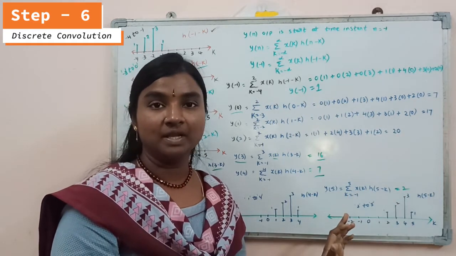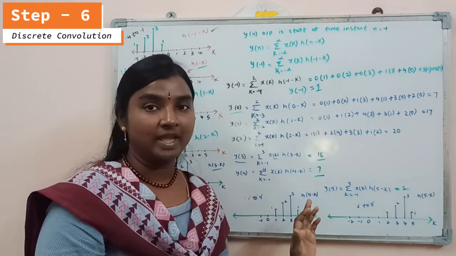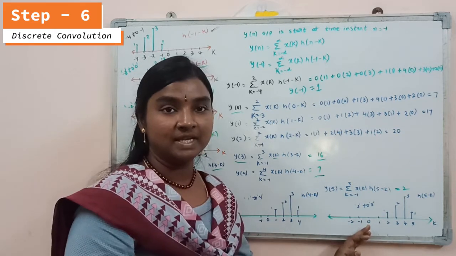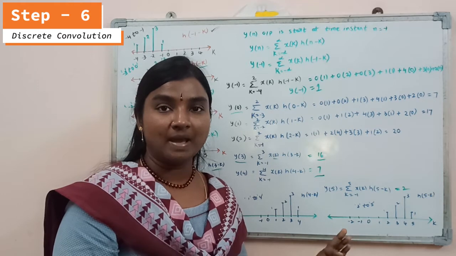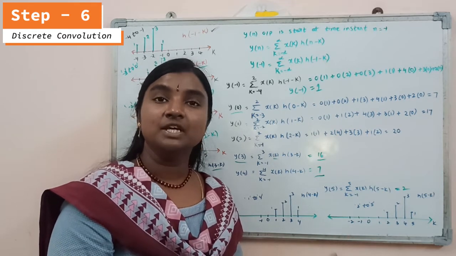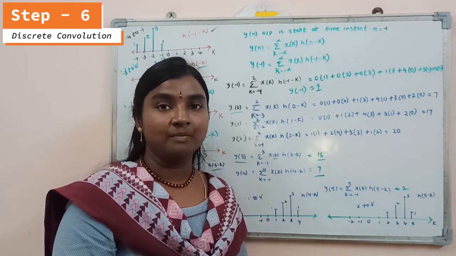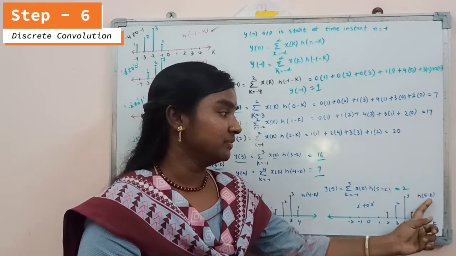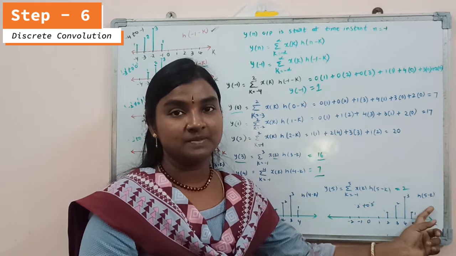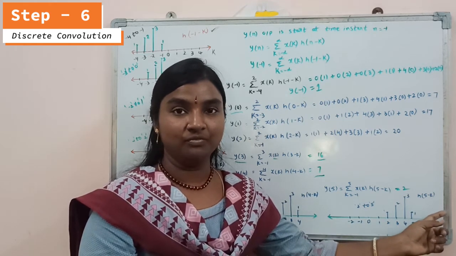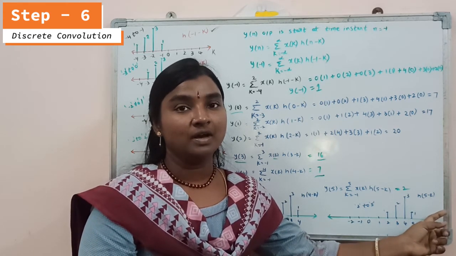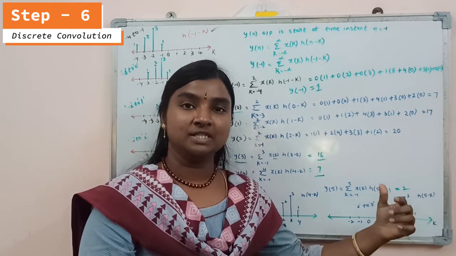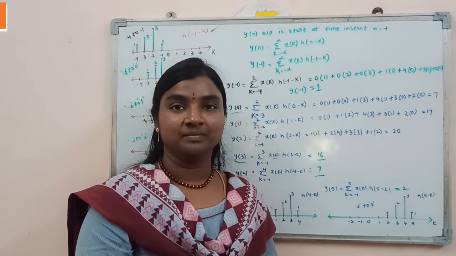Now if we further move the h of n minus k signal again one time towards the right side, there are no common amplitudes at the time instance, so the output amplitude is going to be 0 after the time shift 5. So h of 6 minus k is also 0, and the y of n signal amplitudes are going to be 0 towards plus infinity.